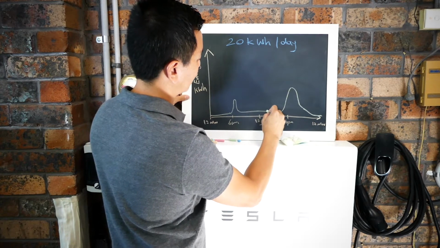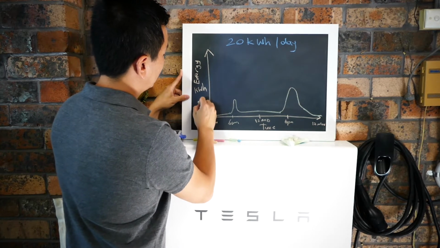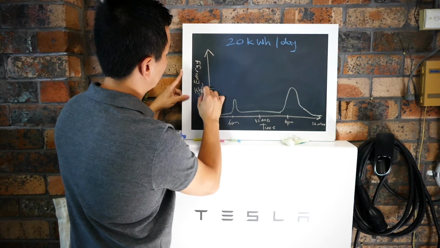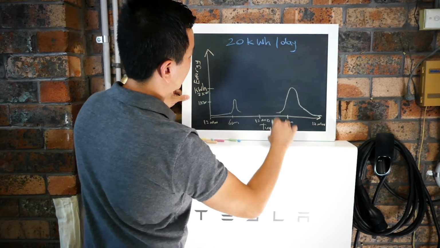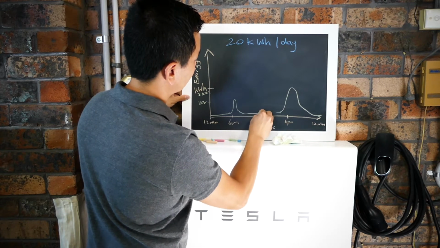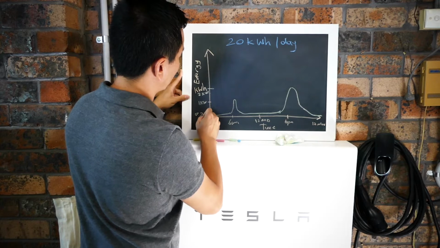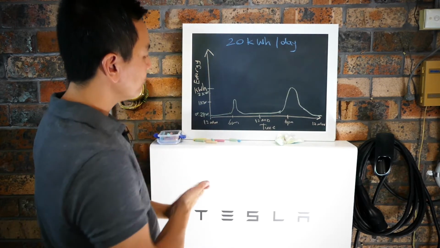There's not much going on if nobody's home. So let's say that's about 1 kilowatt peak, and that's about 2 kilowatt. And down here, I'm going to draw this even flatter because it's actually quite low. So down here we're looking at probably 0.2 kilowatt. Let's be generous, 0.2 kilowatts.